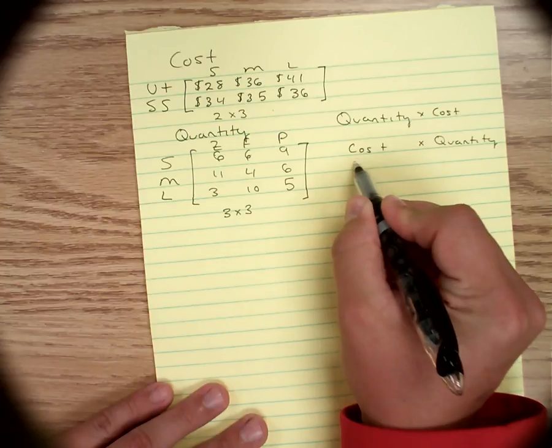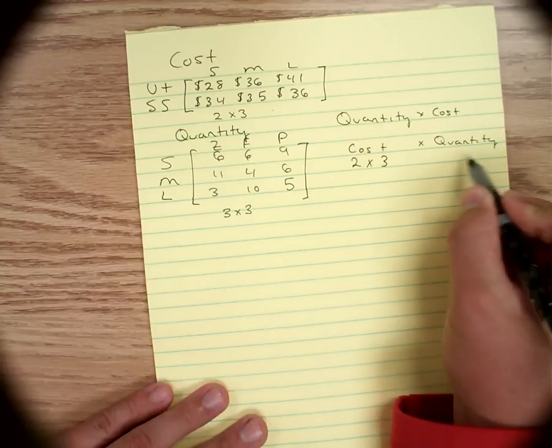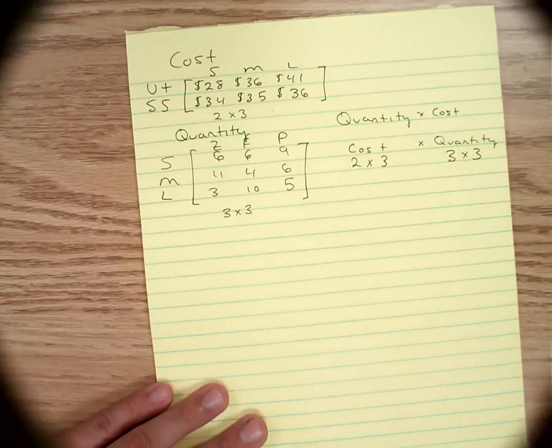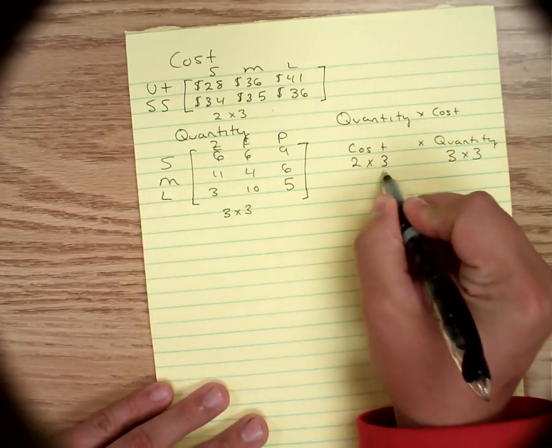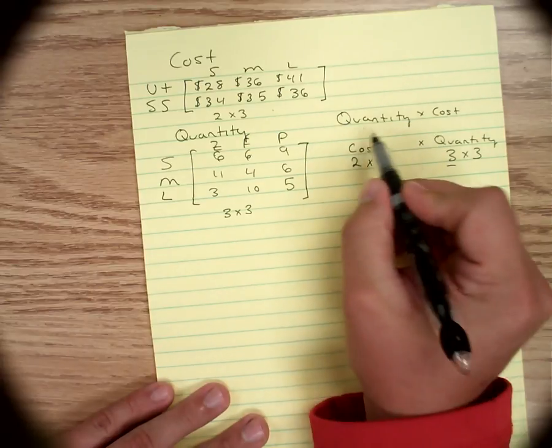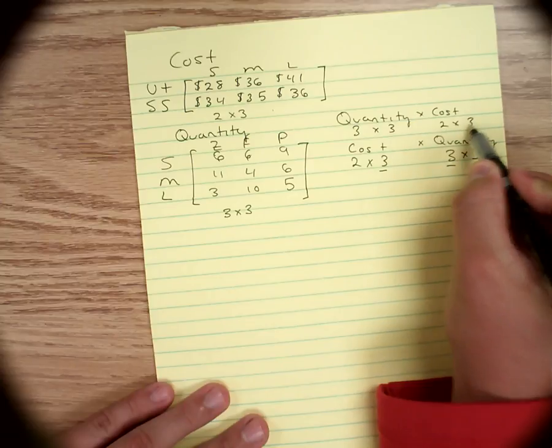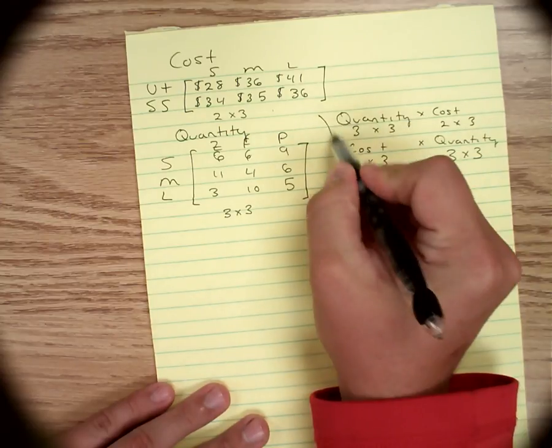Because it has the same number of rows and columns. It does. The cost is a 2 by 3 and the quantity is a 3 by 3. The cost columns have the same number as the quantity rows. Yes, these inner numbers have to be the same. So quantity by cost, the 3 by 3 times a 2 by 3, would not work.